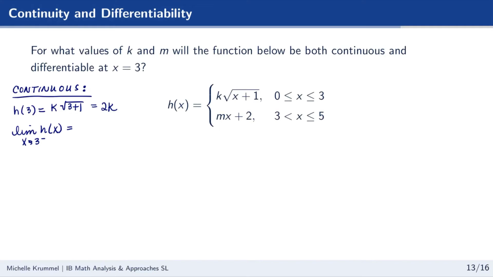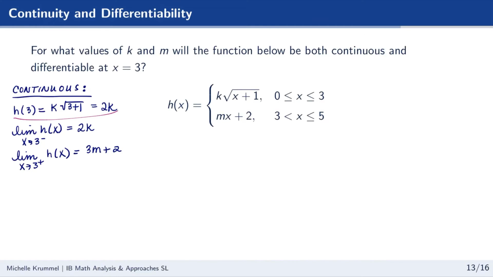The left-hand limit is using the top piece, so that is also k times the square root of 3 plus 1, or 2k. And then the limit as x approaches 3 from the right of h of x, using the bottom piece, is m times 3, or 3m, plus 2.